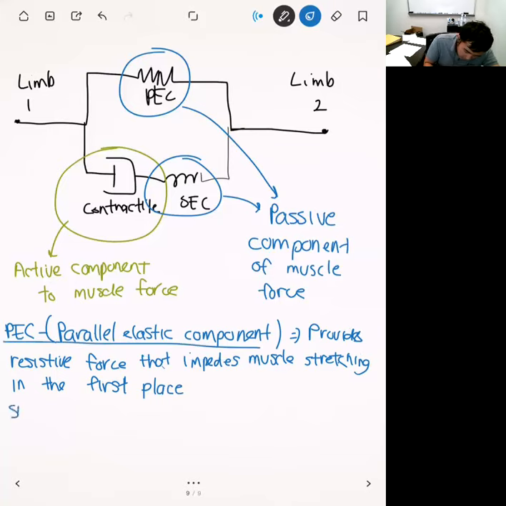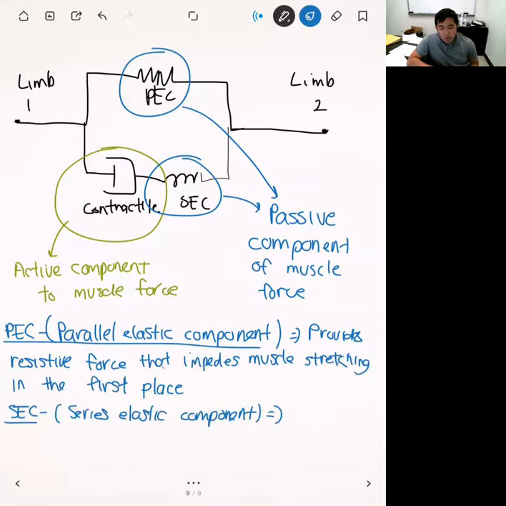All right, so now we have the SEC, okay? And so the SEC stands for the series elastic component. Okay. And so the series elastic component, you can almost think of it like a spring, right?